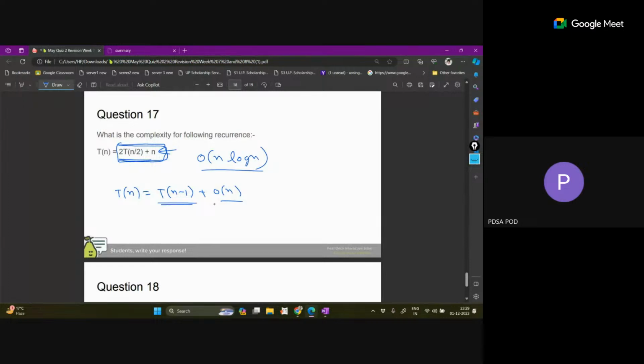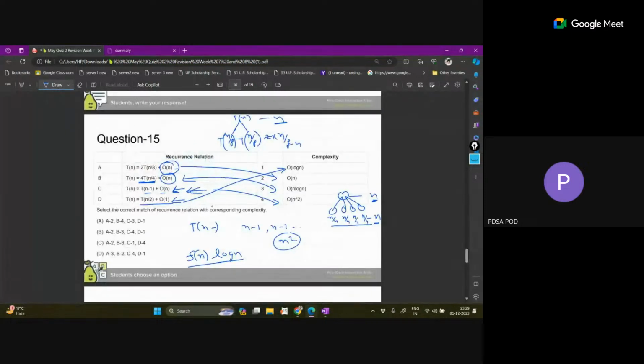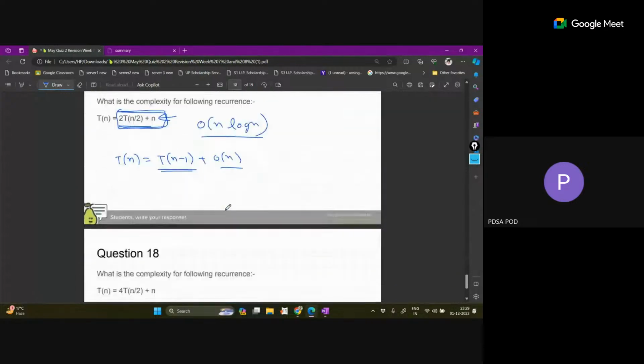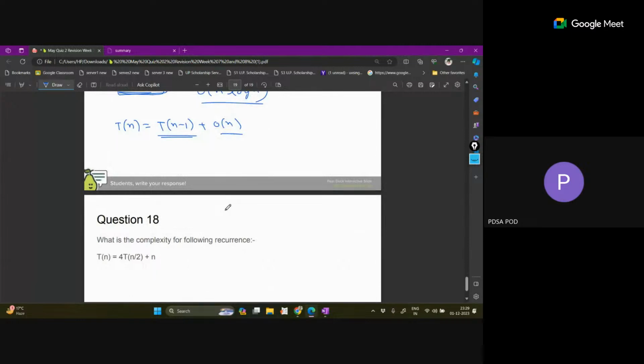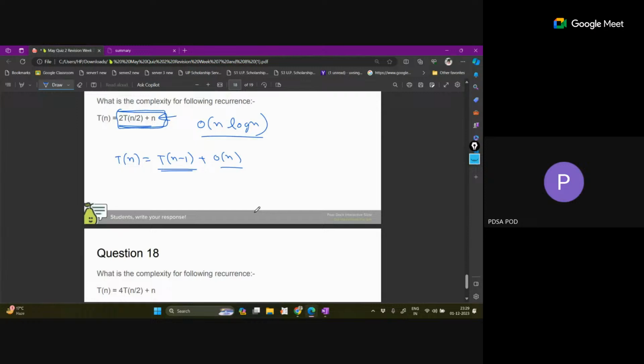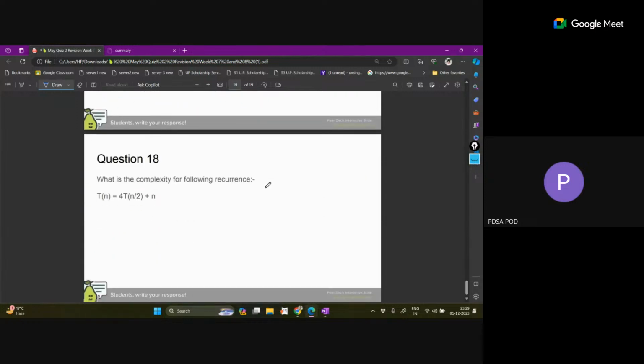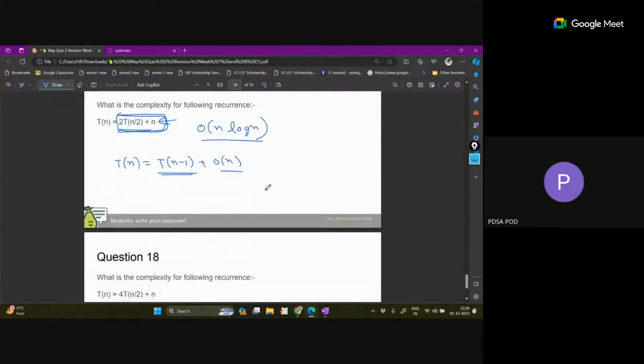This is the quick sort worst case. If our pivot element is coming on any one side, either left or right, we will just apply the same quicksort algorithm on n minus 1 elements, and partition will take n time. So this is the worst case.